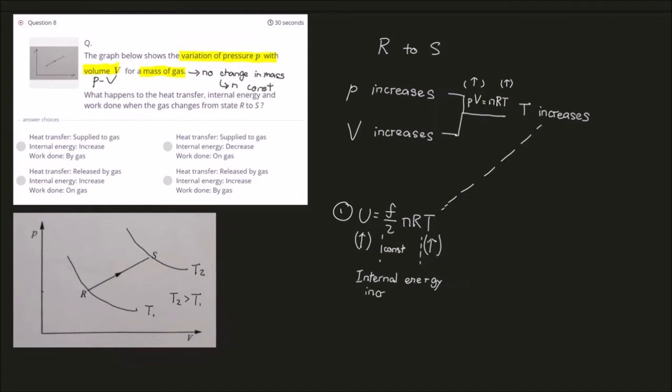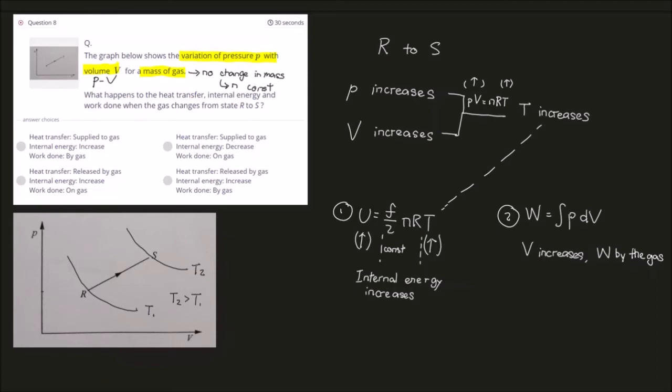The next thing that we want to see is work done. Let's go back to heat transfer at the end. So now let's go to work done. The actual thing is integrating P over dV, but we don't really need to know that much. We just need to know that when volume increases, then it will be work done by the gas.